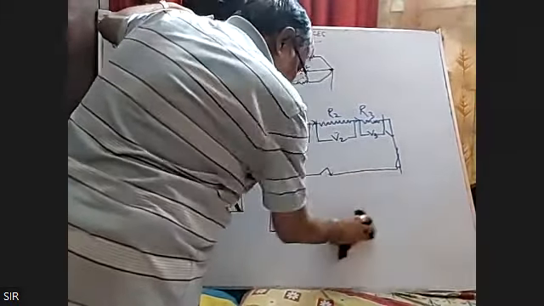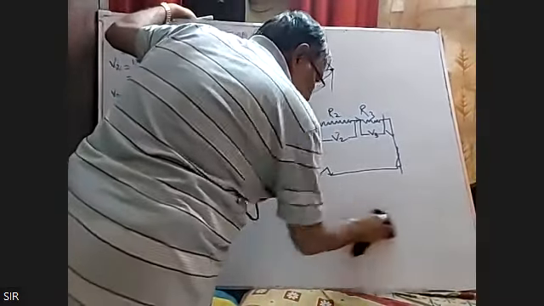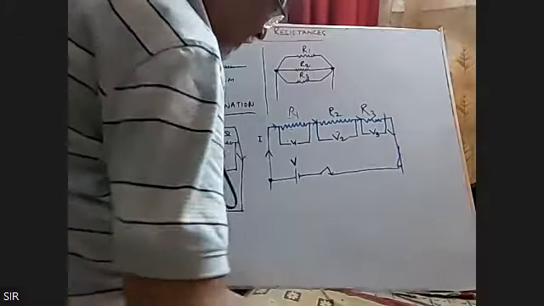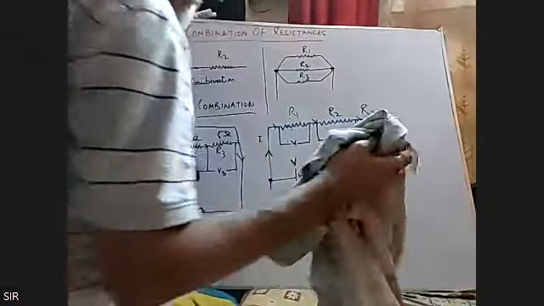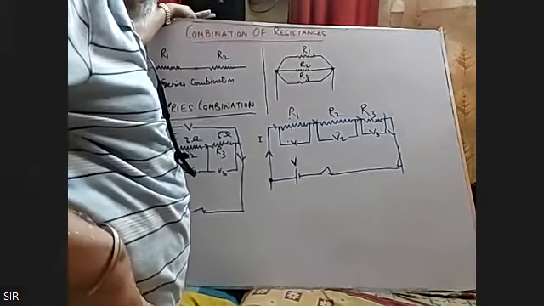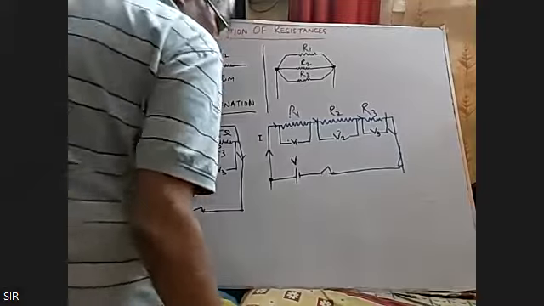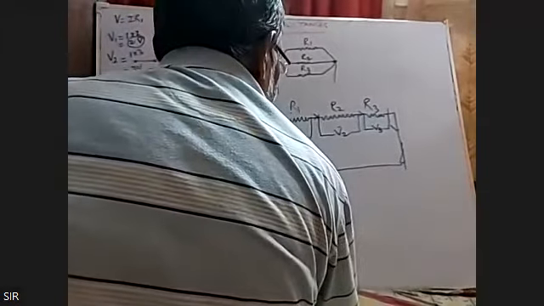You will learn later. EMF is nothing but a potential difference across a cell when it is in open condition. Open condition means it is not connected to a circuit.